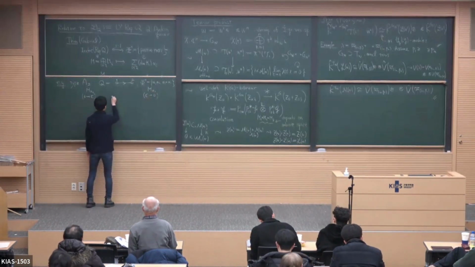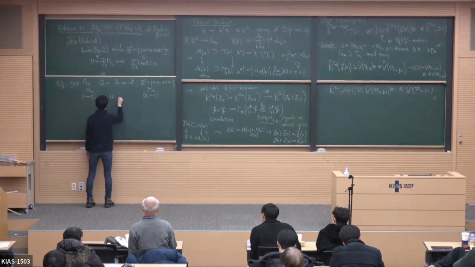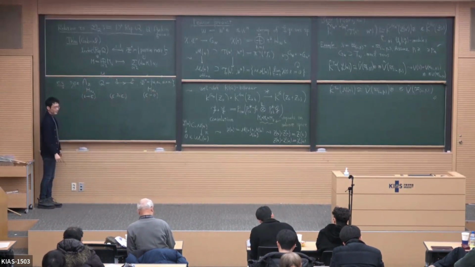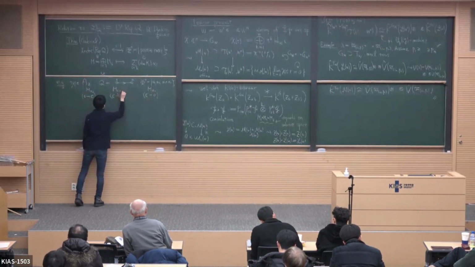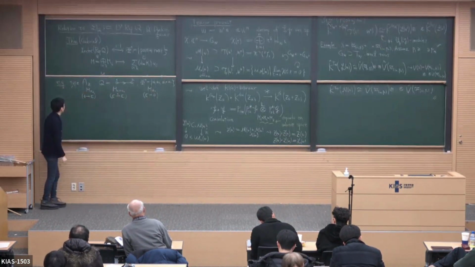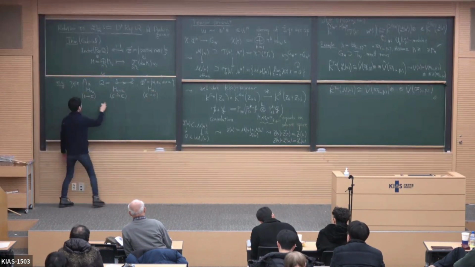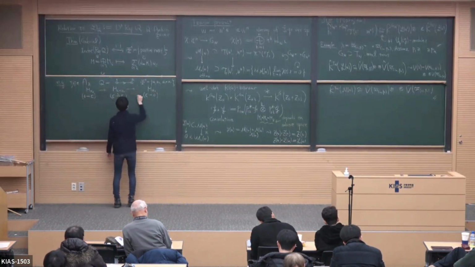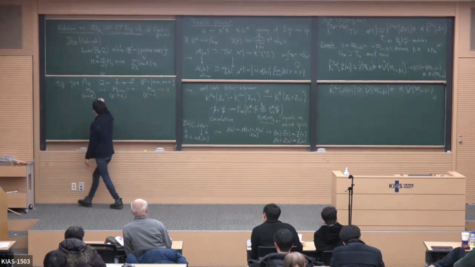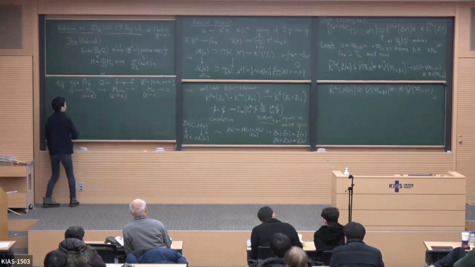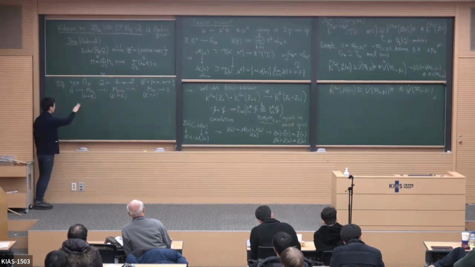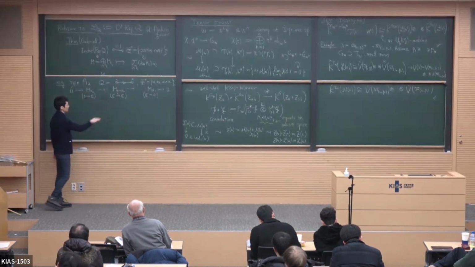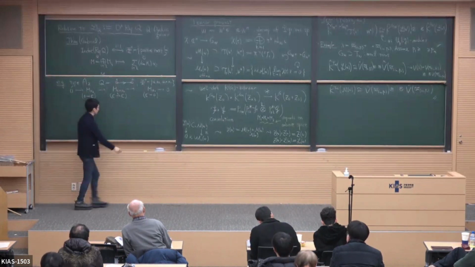And the other indecomposable representation is something like this, and this is the indecomposable representation attached to alpha_1 plus alpha_2. And we have, for example, this kind of exact sequence. Okay, so we have 3 indecomposables, and they correspond to positive roots. This is an example.